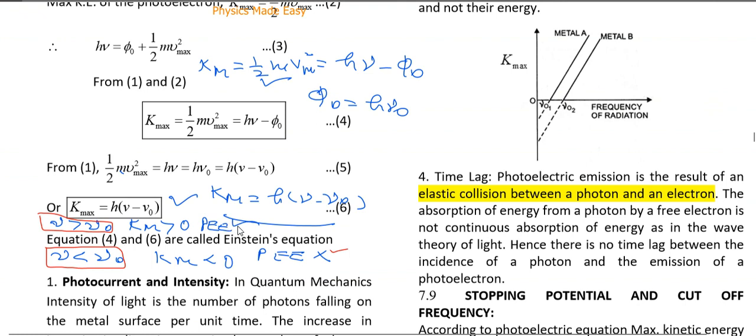Photoelectric effect takes place represented by tick, like this. Because kinetic energy is half mv square, it cannot be negative, because mass is positive and square is always positive. So this is something unviable. The photoelectric effect does not take place if the incident frequency is lesser than the threshold frequency. It will take place if the incident frequency is larger than the threshold frequency.